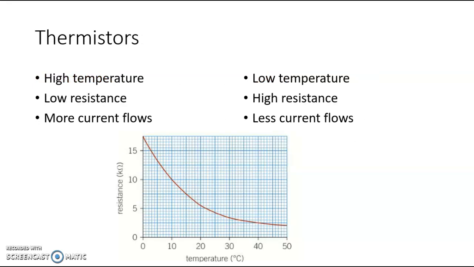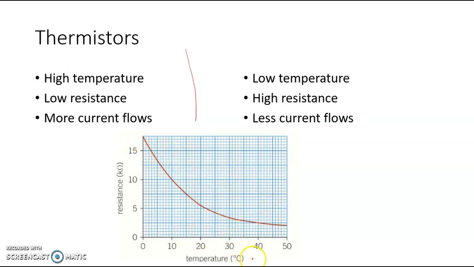So to summarize, you've got these two things. On this side, you've got what is happening at high temperature. On this side, you've got what is happening at low temperature. You would be asked in your exam to plot the graph between resistance and temperature. And sometimes remembering this graph helps you to relate to the difference between what's happening at high temperature and what's happening at lower temperature.